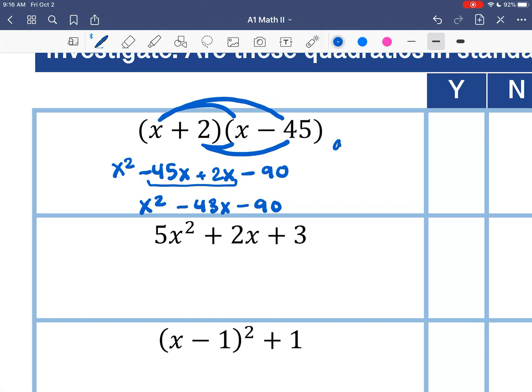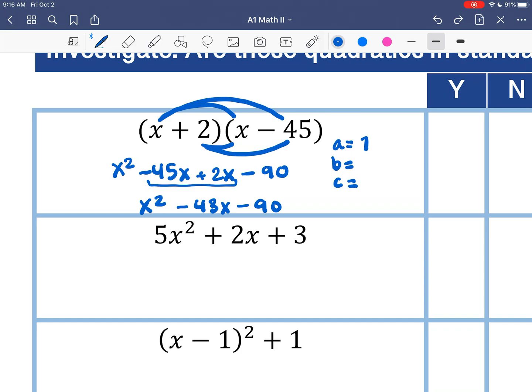And so we are also going to identify A, B, and C in this equation. A is going to be the coefficient in front of the x squared term. Please look back at the last page if you need to know where A, B, and C are. But A is going to be 1 in this case because there's this implied 1 in front of that x squared.